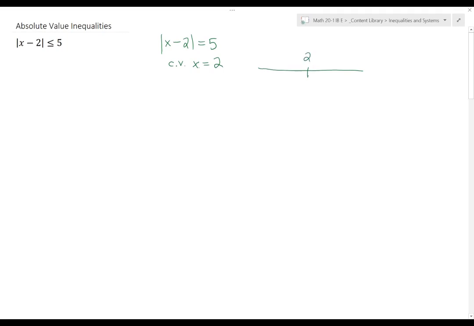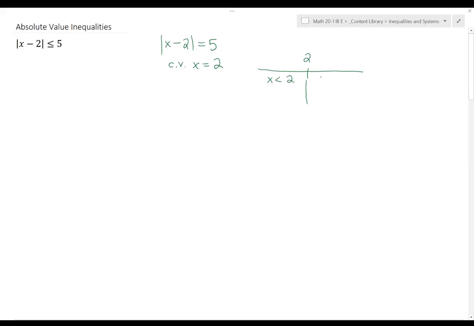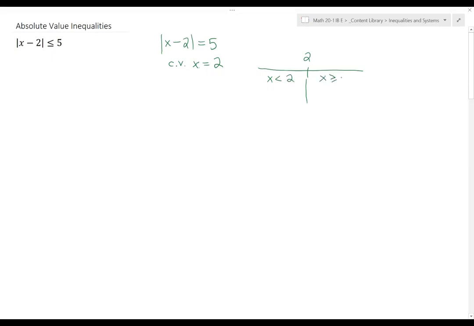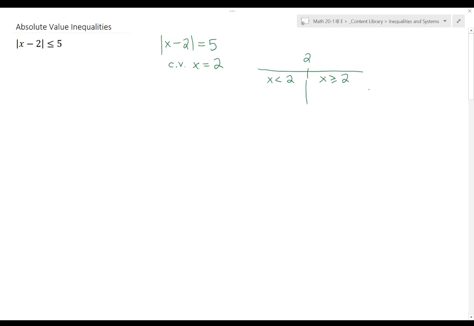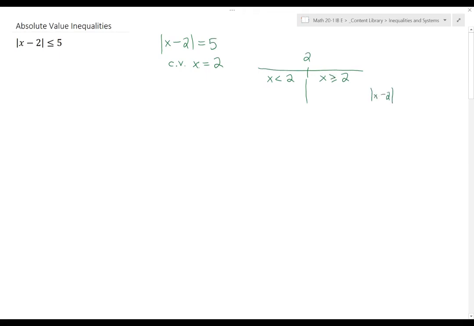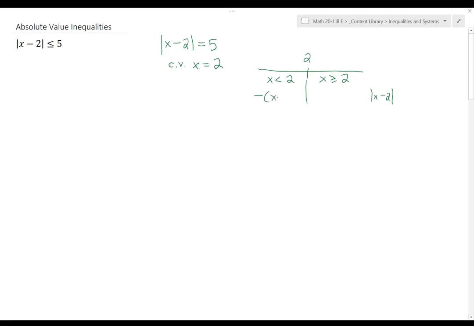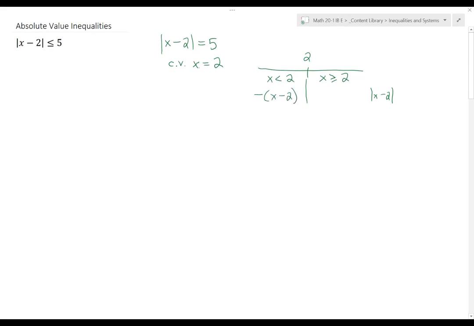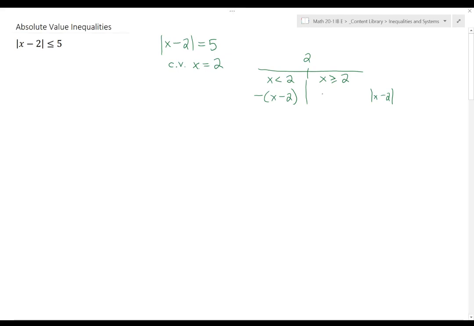So x equals 2 divides our number line into two partial domains: the interval where x is less than 2, and the interval where x is greater than or equal to 2. We look at what happens to the absolute value of x minus 2 on either side of that divide. If x is less than 2, then x minus 2 is negative, so the absolute value of x minus 2 is the opposite of x minus 2. If x is greater than or equal to 2, then x minus 2 is already its own absolute value.